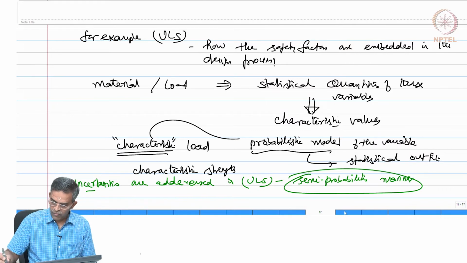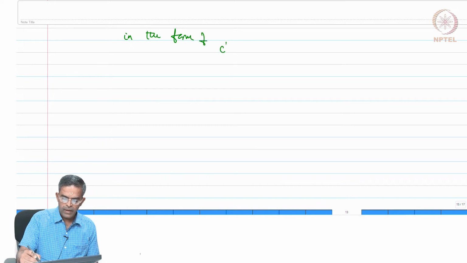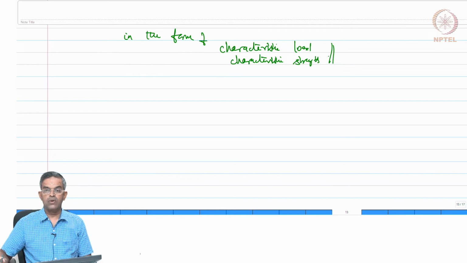In the form of characteristic load and characteristic strength. One applies to the load and the other applies to the material.